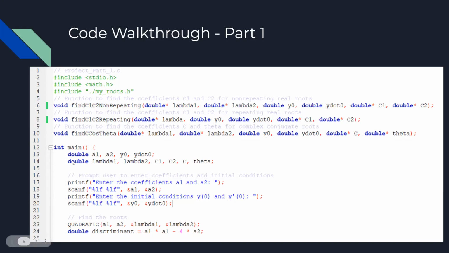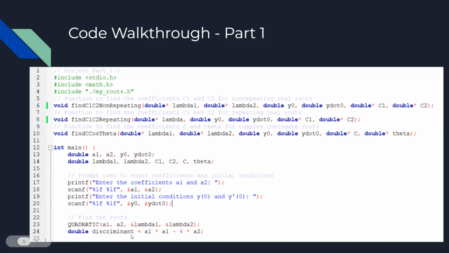The code starts off where I define some variables and prompt the user to input a1, a2, y0, and y dash 0. And then I call on the quadratic function from my header file to find the values of lambda1 and lambda2.